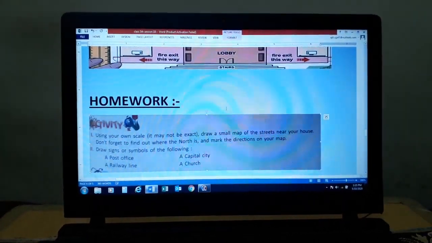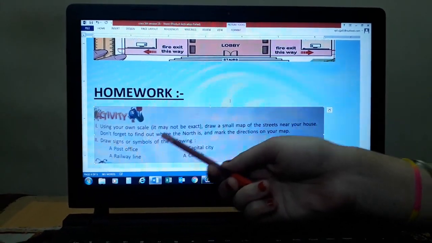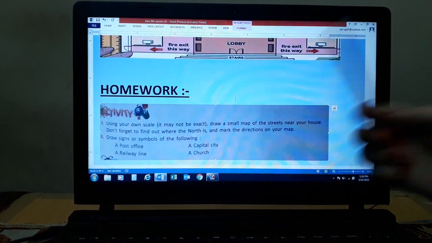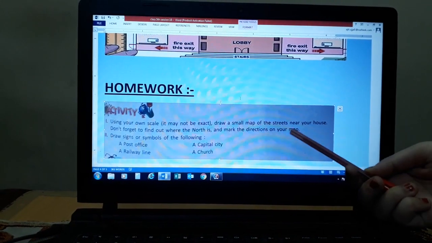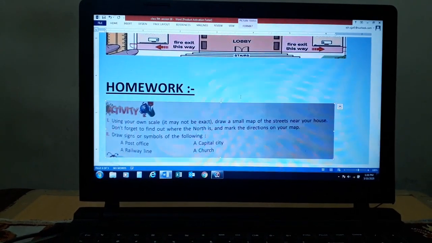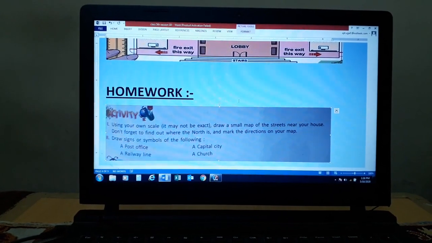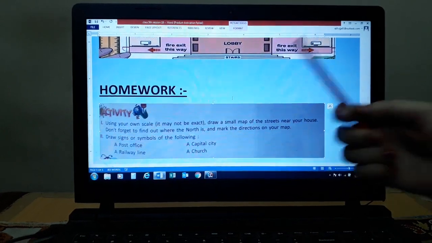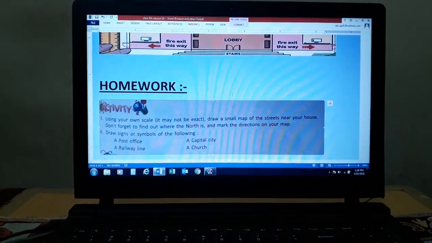Now students, your homework. What is your homework? Using your own scale, it may not be exact, a rough sketch can be there. You have to draw a small map of the streets near your house. You have listened about the word gully, mohallo ki gully. Yes students, those are the streets. You have to draw a small map of the streets near your own house.